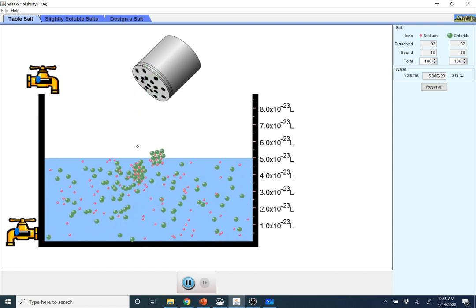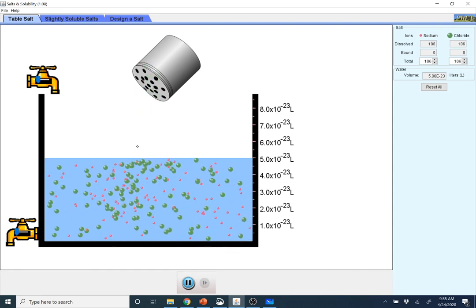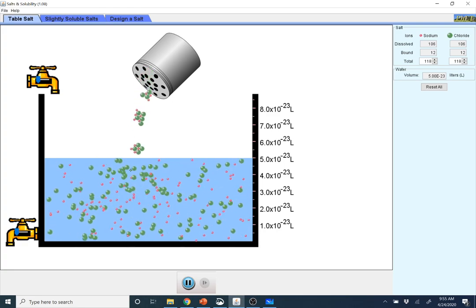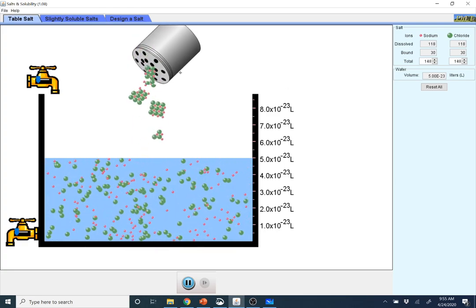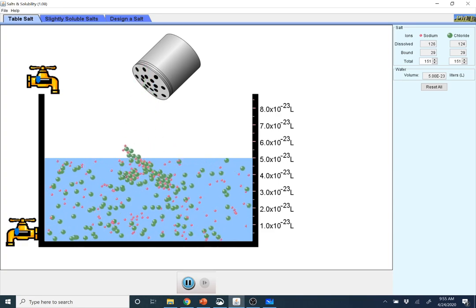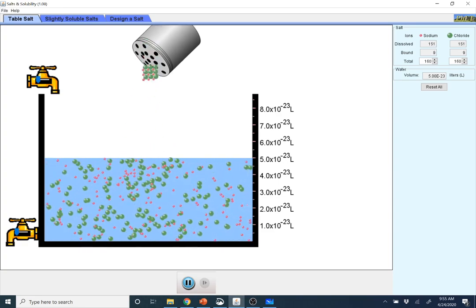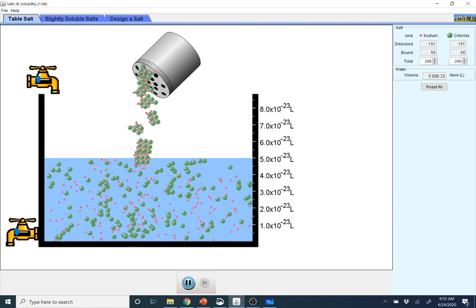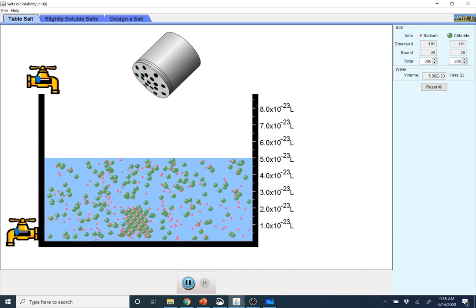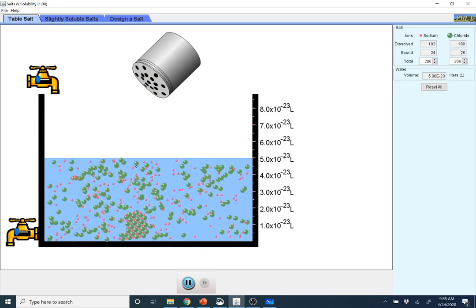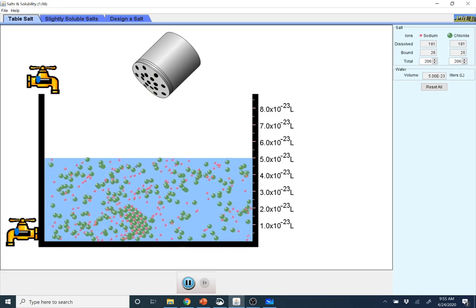They're going to do their job at splitting them up, and then eventually they won't be able to split them up anymore. And when this happens, we get the salt to stay as a crystal. There it goes. So as you can see, we have reached saturation.